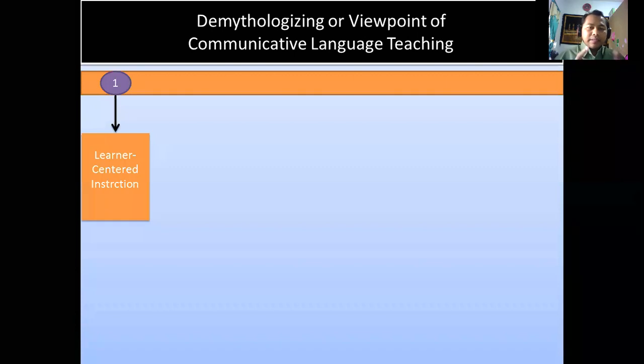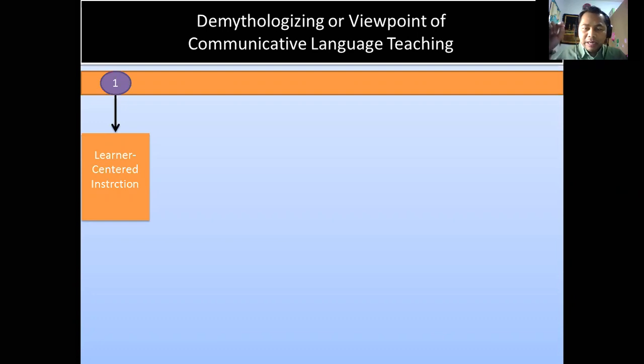So once again, learner-centered instruction is not an approach, but it is the instruction for implementing communicative language teaching in the classrooms.